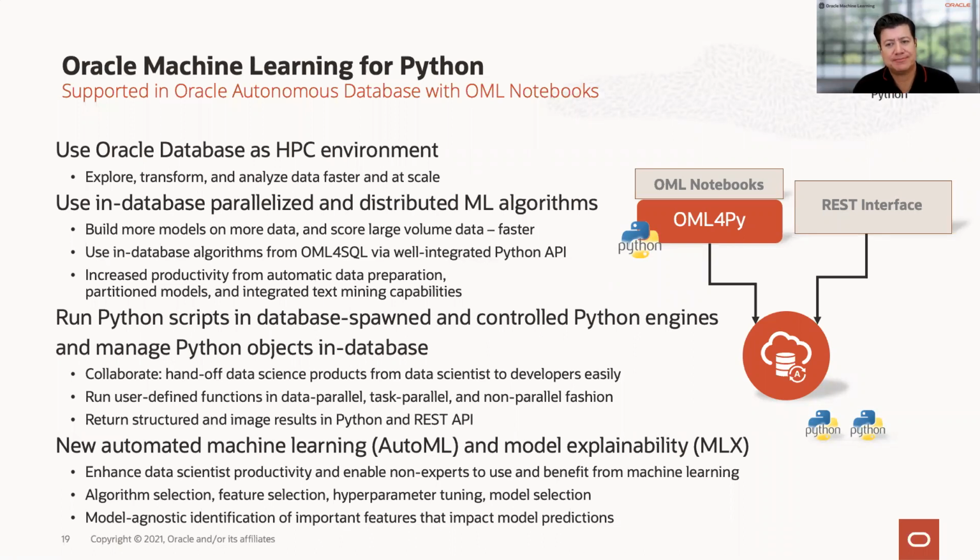And then the last point on that slide is that we bring the AutoML UI functionality. AutoML was developed by our Oracle Labs teams, and this is very powerful. It's specifically tailored to the Oracle Machine Learning in-database algorithms.